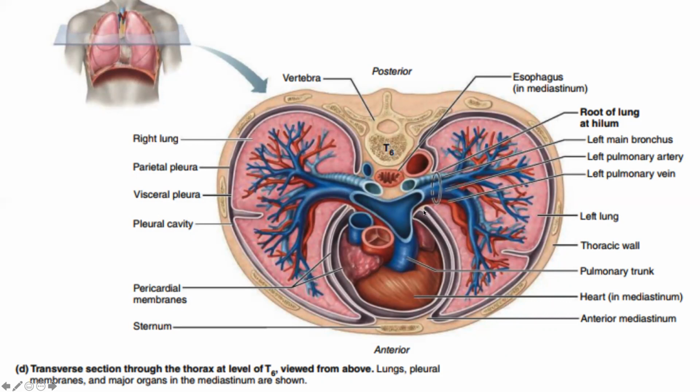And as you know, the whole area where the main bronchus, pulmonary artery and pulmonary vein go into each lung is called the hilum, or the root of the lung. Right, so that was where we stopped in the previous lecture.